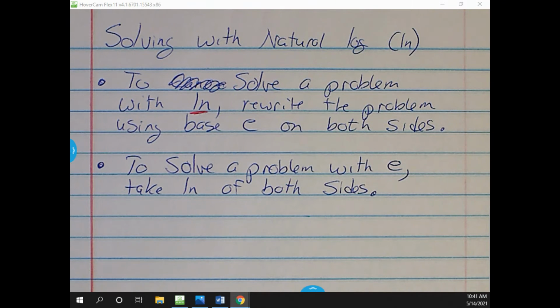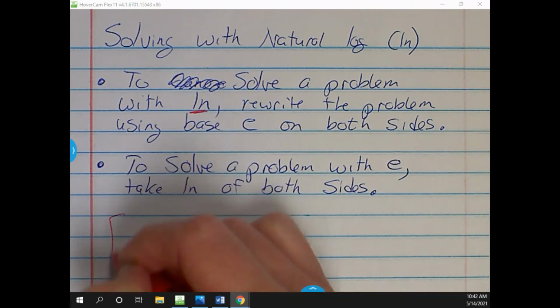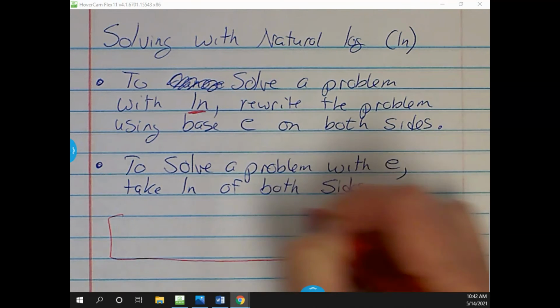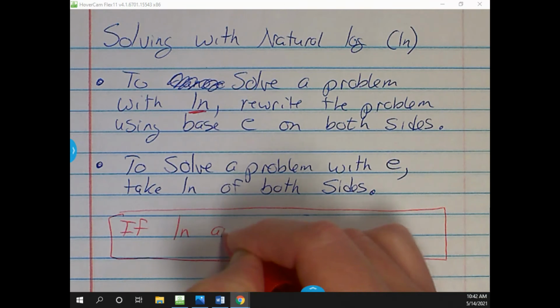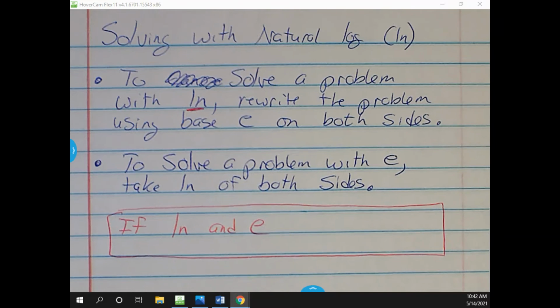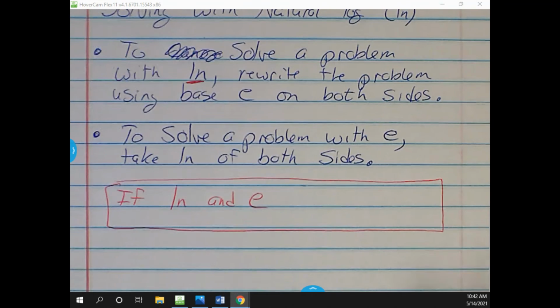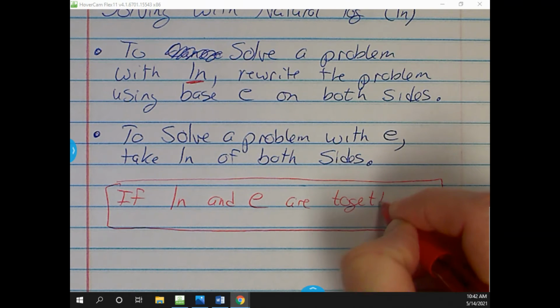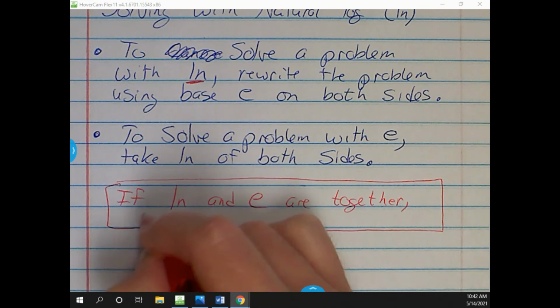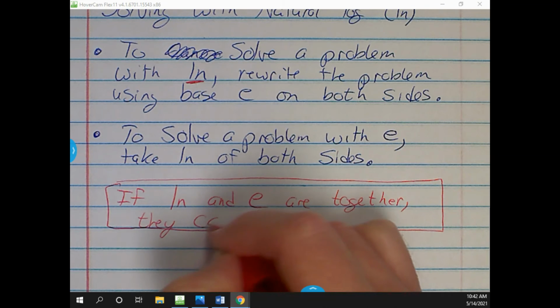And basically here's what it comes down to. This is the big thing: if ln and e are together, then they cancel each other.